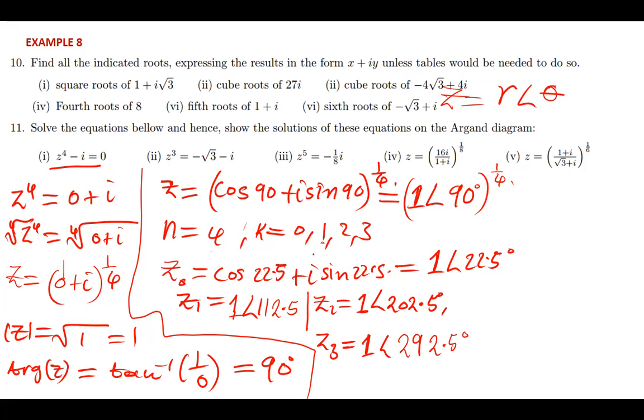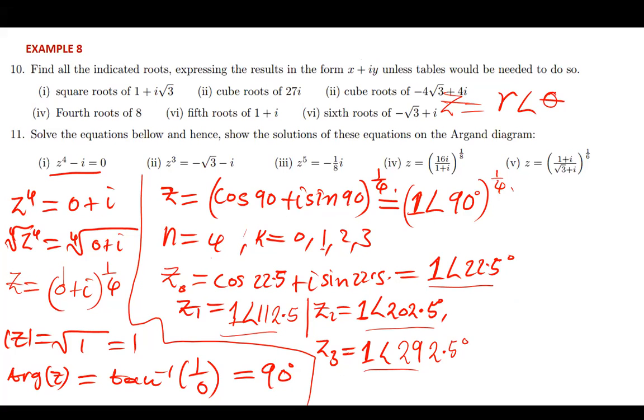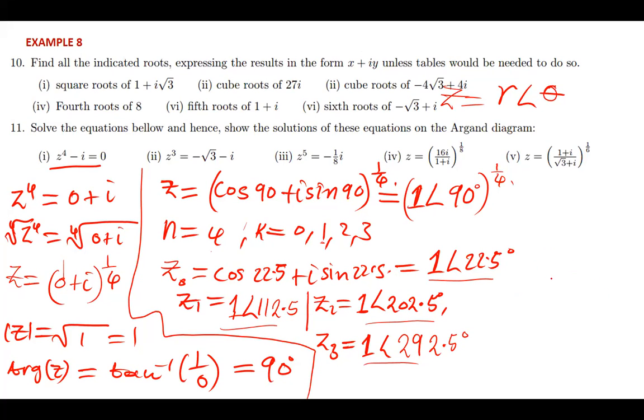So from there, we can now draw the Argand diagram. Since we have managed to find all the Z values, we have Z0, Z1, Z2, and Z3. So now let us draw this on the Argand diagram. So we're going to have our Argand diagram like that. Then we have 0 there. Then we can now start putting our Z0, Z1.